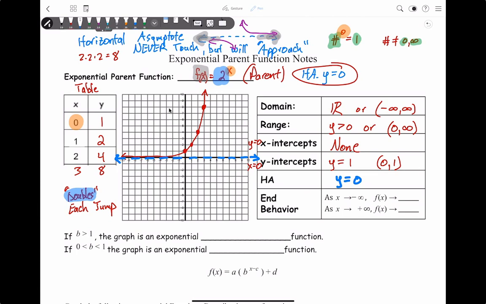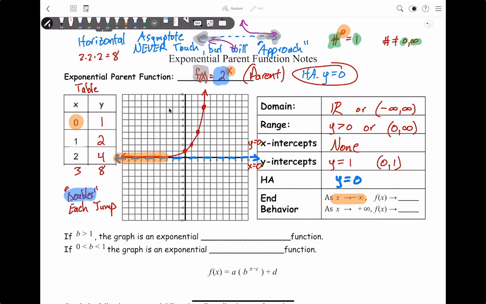And then the end behavior. Let me highlight this as I go. I'm talking about as x is approaching negative infinity. Let's jump on the x-axis and approach negative infinity. That's to the left. It wants to know what the y value of the graph is. What is the red part of the graph wanting to approach?